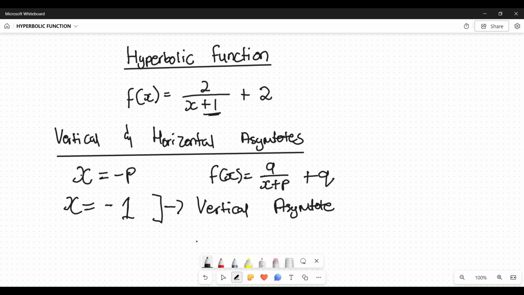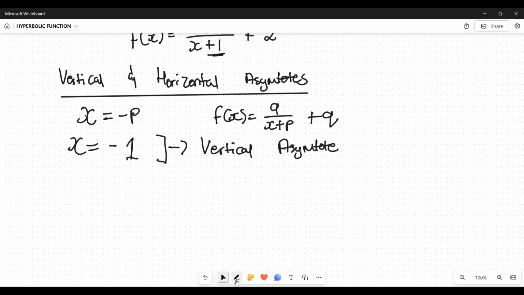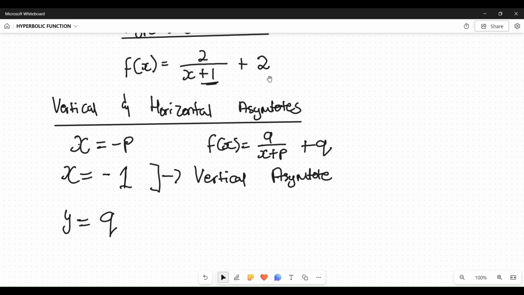Now moving on, let's identify the horizontal asymptote. The equation for the horizontal asymptote is defined by y equals positive q. In this case, what is our q? Our q is positive 2.